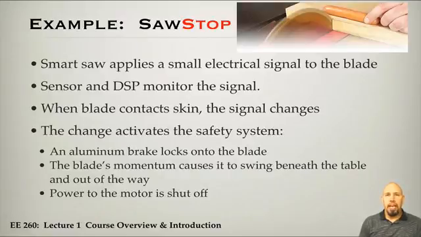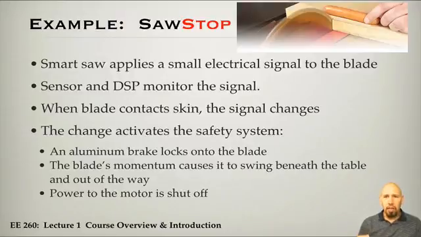Obviously, if the blade is not contacting skin, there's no problem. It's only a problem when the blade contacts flesh. When that happens, the sensor and the DSP quickly detect it. The electrical communications and connections here happen really fast, a lot faster than you can move your hand.